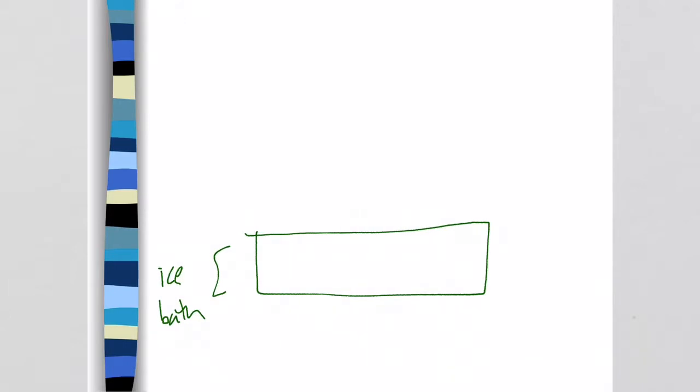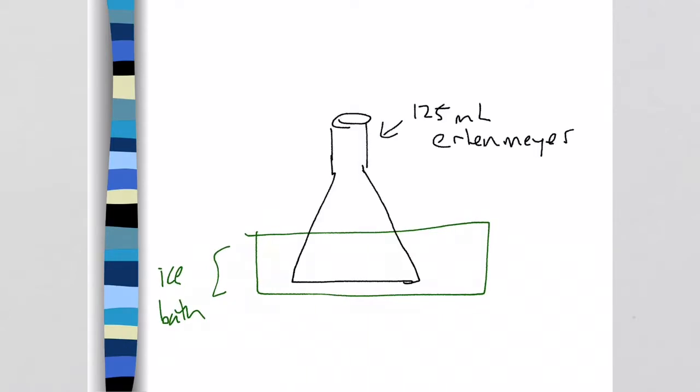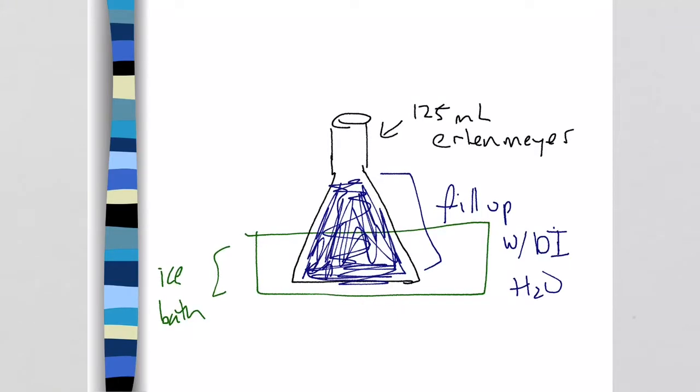The second thing that I see when people are cooling the small amounts of, say, water or ethanol that they need to rinse crystals with in a vacuum filtration: they'll have an ice bath, and then they'll take something like a 125 ml Erlenmeyer, or even more fun, a squirt bottle of deionized water, and they'll just fill that sucker up with like 75 or 80 milliliters of DI water and put it in the ice bath.